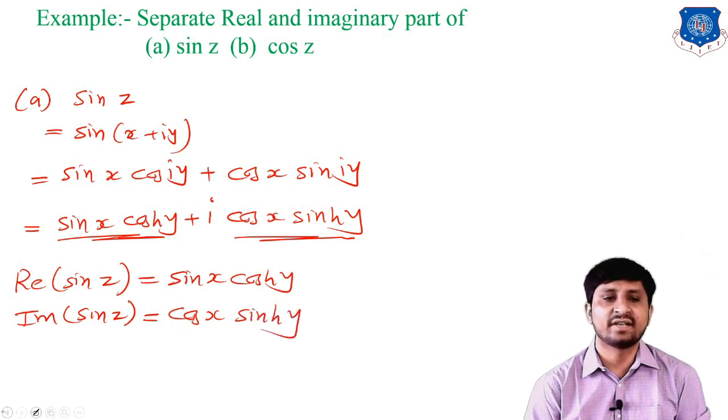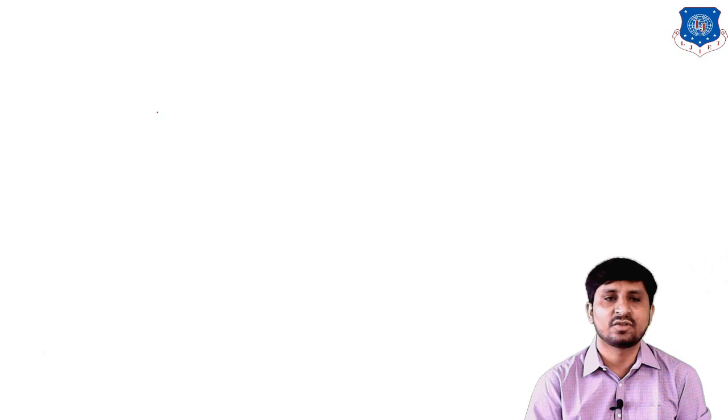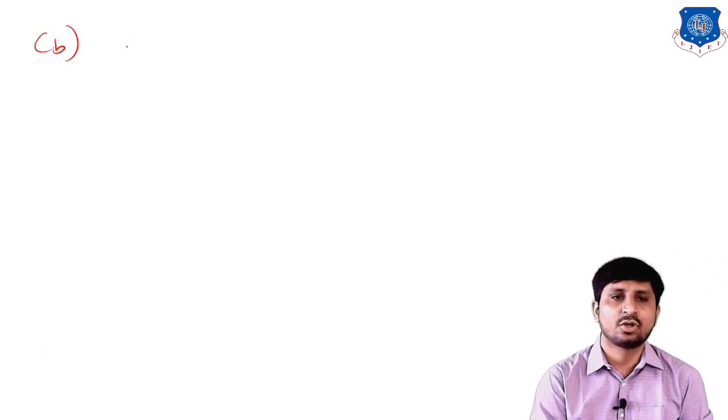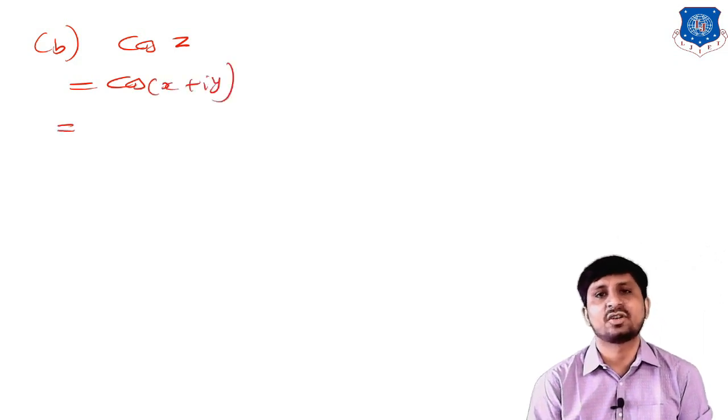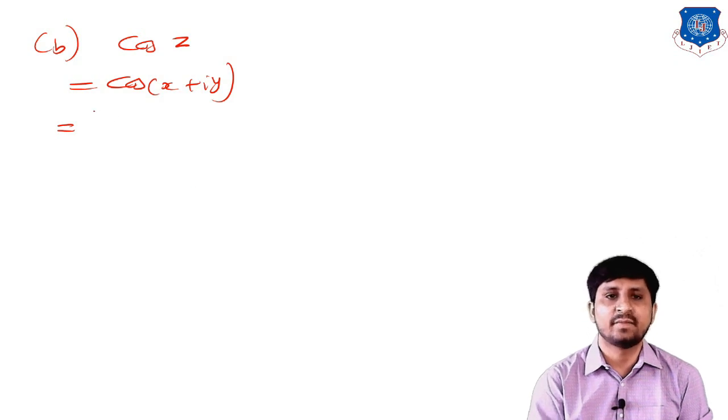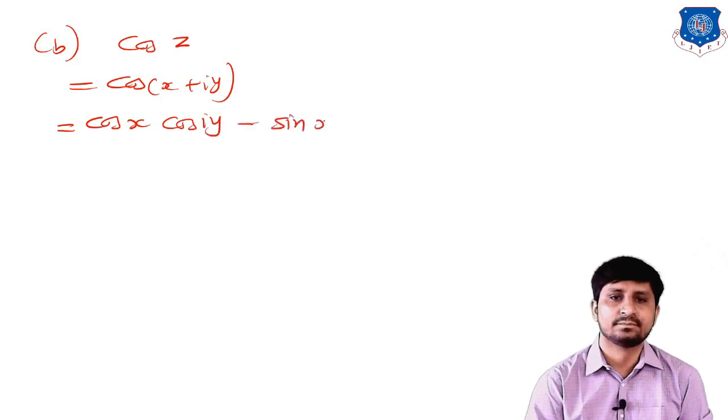And similarly you can find out the real and imaginary part of cos z. Let's find out cos z. That can be written as cos of x plus iy, and we know that cos alpha plus beta is cos alpha cos beta minus sin alpha sin beta. So this is cos x cos iy minus sin x sin iy.